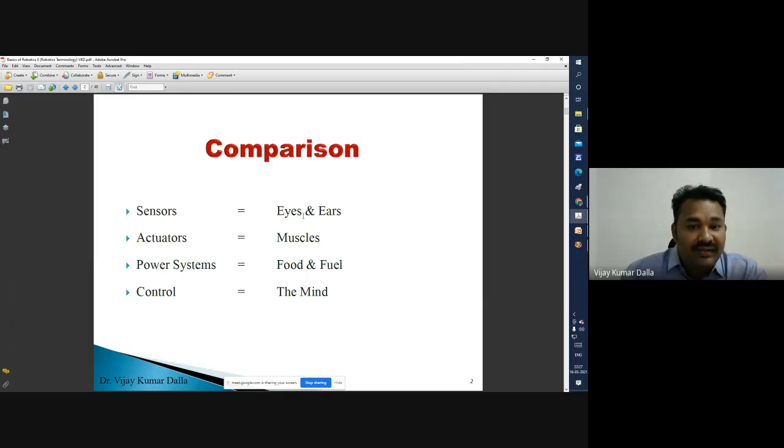Our eyes and ears act like sensors, muscles like actuators, and food and fuel like the power system to move the manipulator, where required torques or forces are needed.